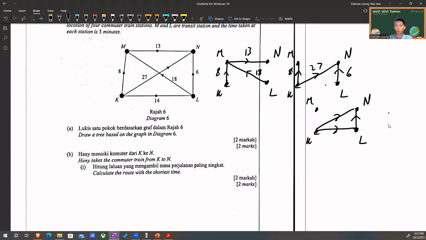So you cannot form a loop. Okay, but if like that, then it's fine.